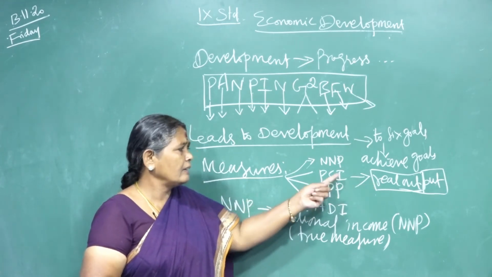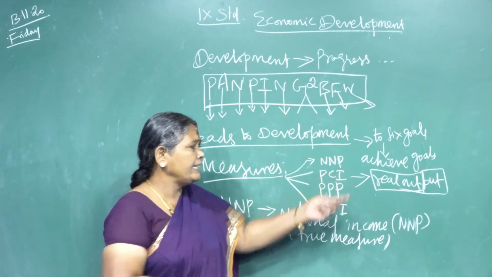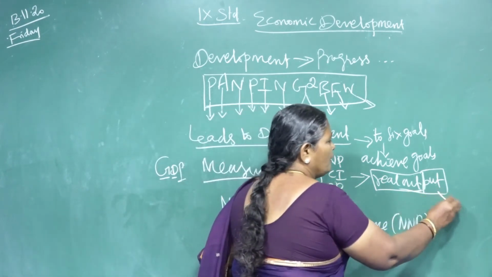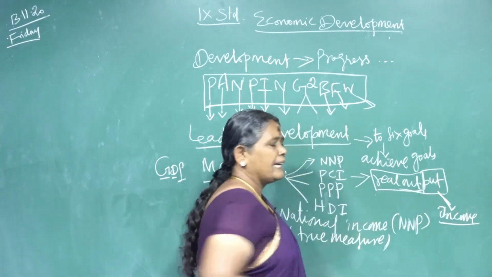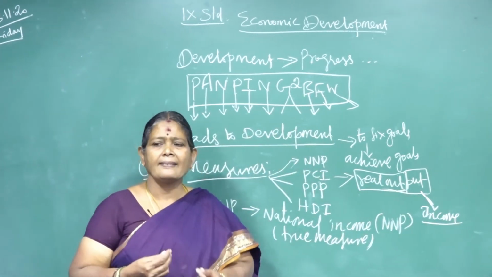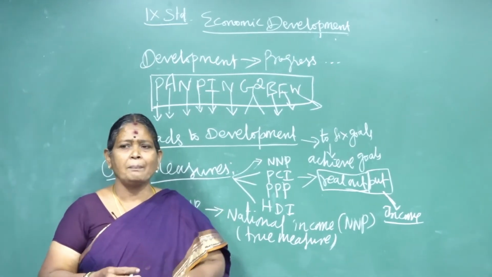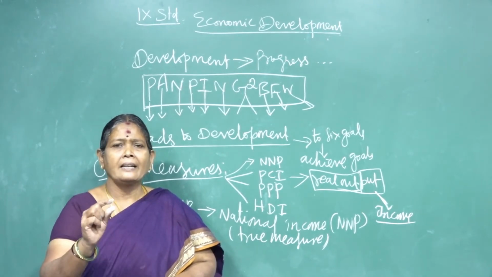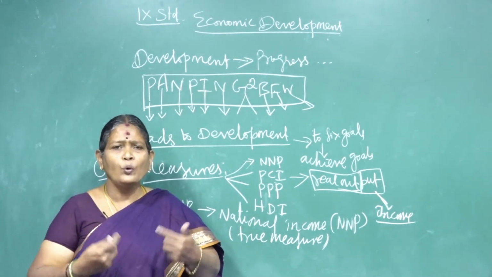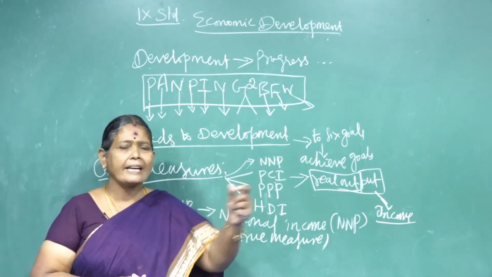Then we will see clearly how to calculate it. Before seeing the income of the nation, we know generally how we say a person or a country is developed: the first indicator is income. One who earns higher income is said to be developed.